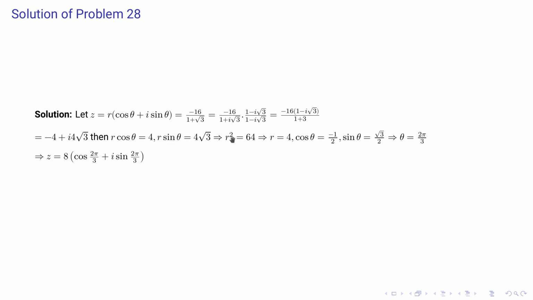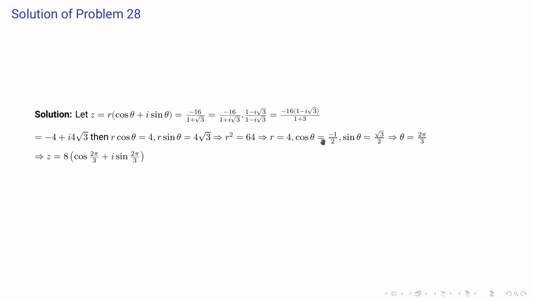That means r square will be 64, because that will be r square cos square theta plus r square sin square theta. This is 48 on squaring and this is 16. 48 plus 16 is 64. That means r will be 8, not 4. Square root of 64 is 8. This is a typo.